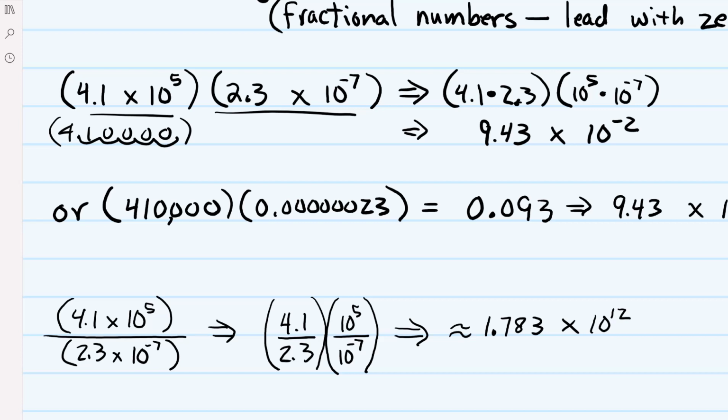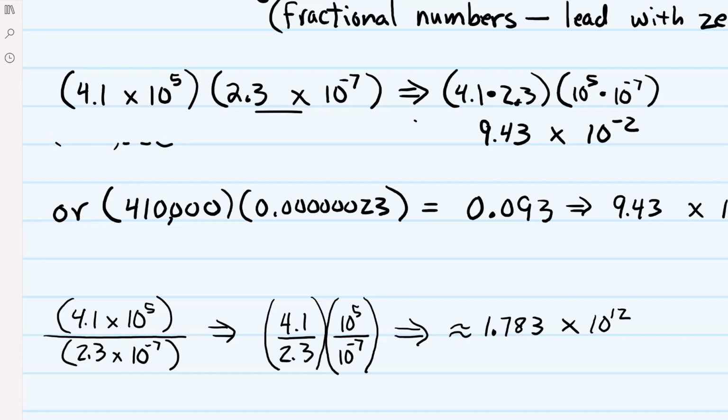So that becomes 410,000 times, now this is a -7, so I'll put the 2.3 and go over 1, 2, 3, 4, 5, 6, 7. And on your calculator, you could just multiply that and then change it to scientific notation. I think that takes up a lot of time.